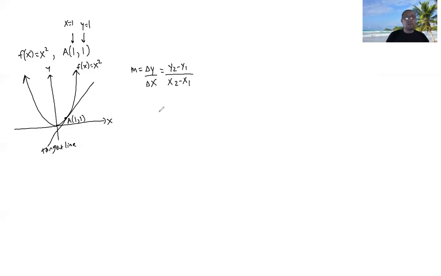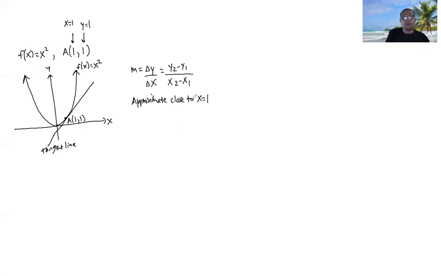But what we're going to do is, in order to get this second coordinate, in order to get x2 and y2, we're going to approximate. We're going to approximate very, very close to x is equal to 1, because that's what we're given here. And we're considering x because our function is a function of x, okay?